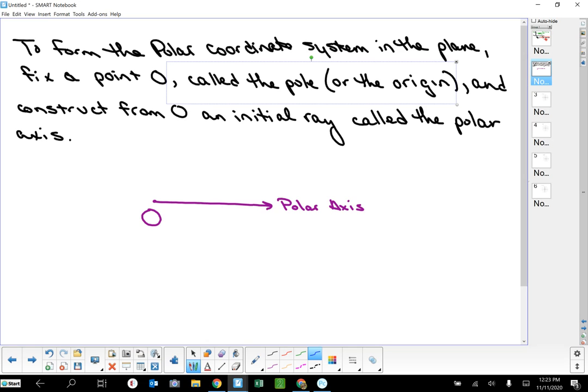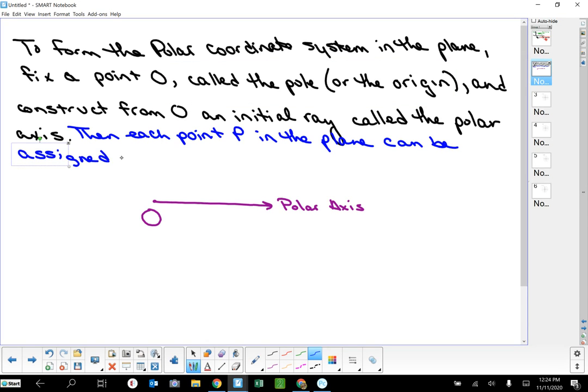Each point P in the plane can be assigned polar coordinates, and those polar coordinates are an ordered pair, R and theta instead of x and y, as follows.